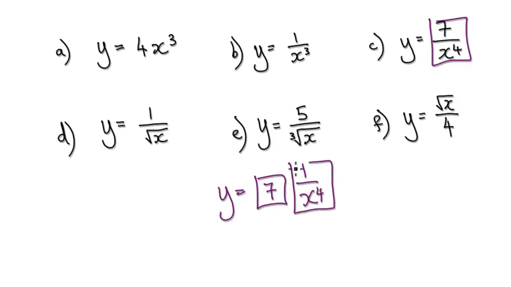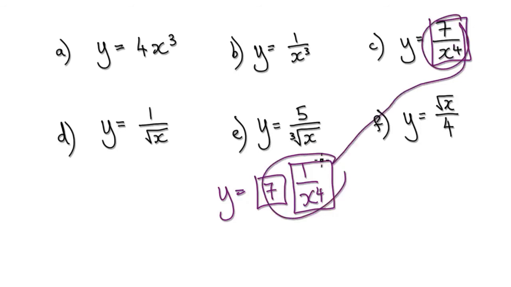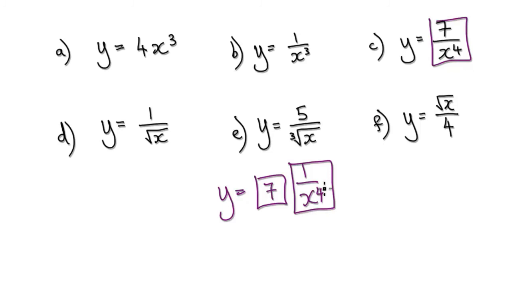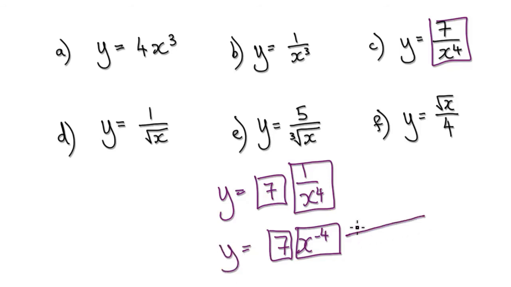Because if I were to give you a block times a fraction, you would multiply this to the top to give you this. So rewrite this as this thing here. So now turn this into x to the power of -4. So this is what you've got. You've got one block multiplying with another block. So this is the form you want, so now you can start to differentiate.